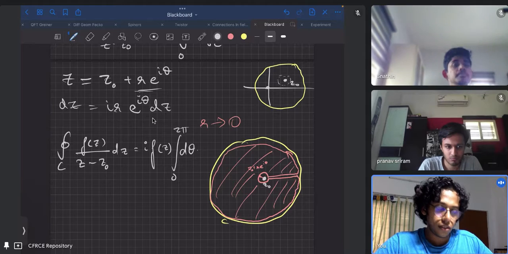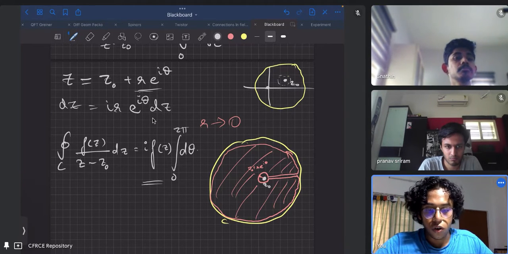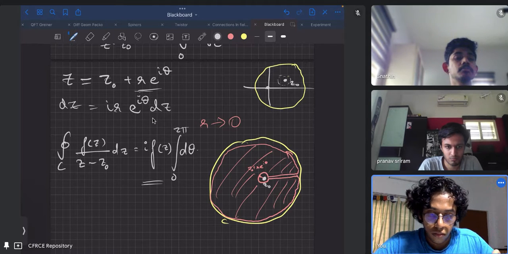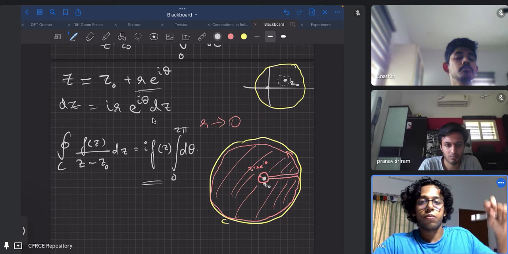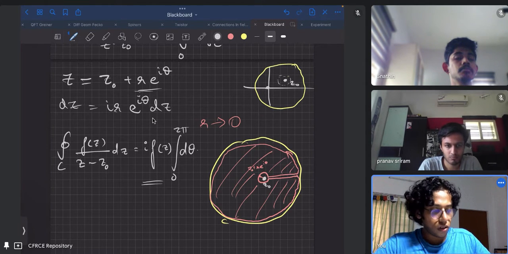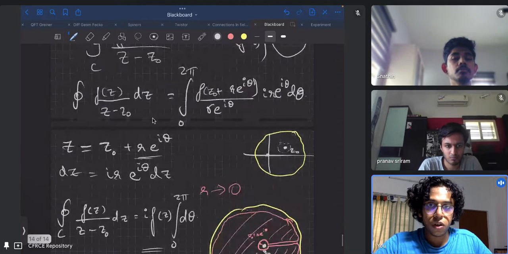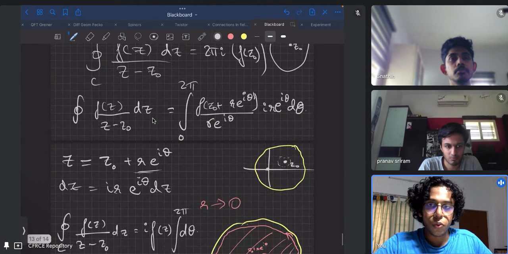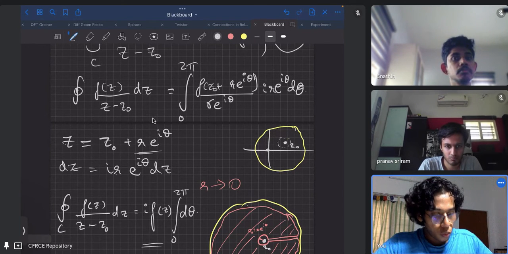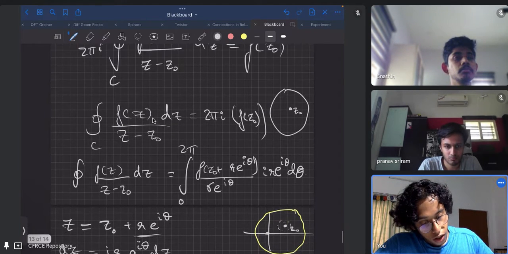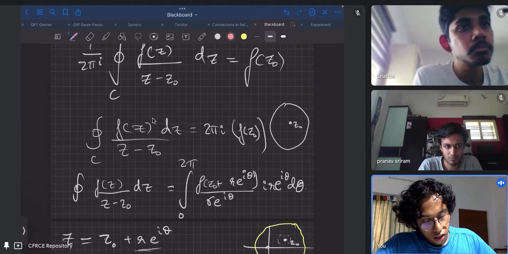So this particular integral is the value of a certain function. Note what we have done. Normally we would expect just a contribution of 2 pi i, right? So why is that not happening? Note that this integrand is not f of z.